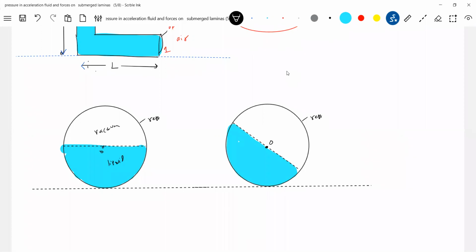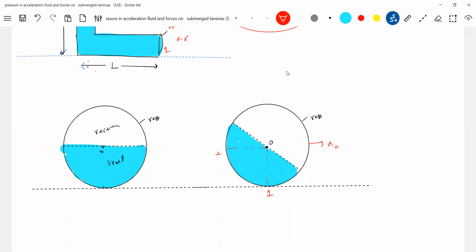Let me go for pressure. What do you expect, where will the pressure be more, at 1 or 2? So let it have acceleration A0.